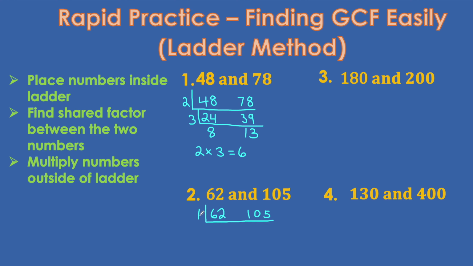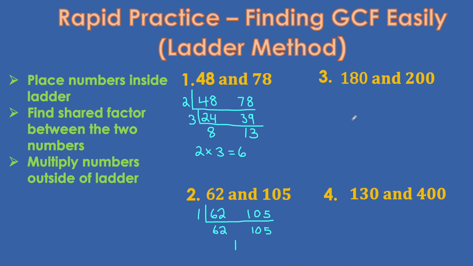You can write these numbers down again. 1 goes into 62. Well, it's just 62. And 1 goes into 105 105 times. You don't have to write this, but if it helps you to understand it more, you can. And you see our GCF is 1. So the greatest common factor between 62 and 105 is 1.